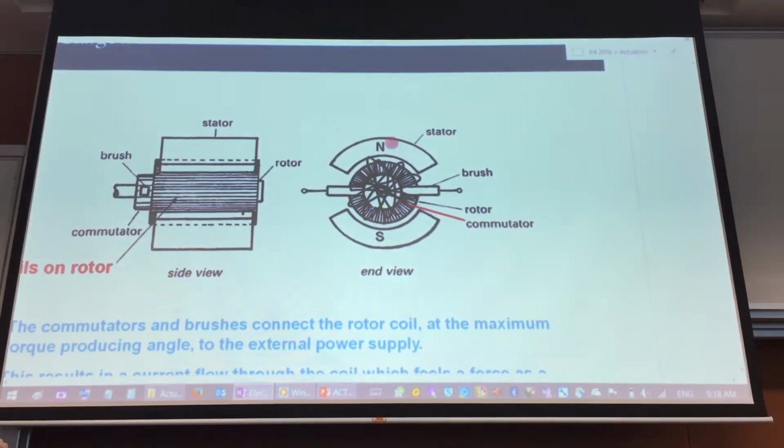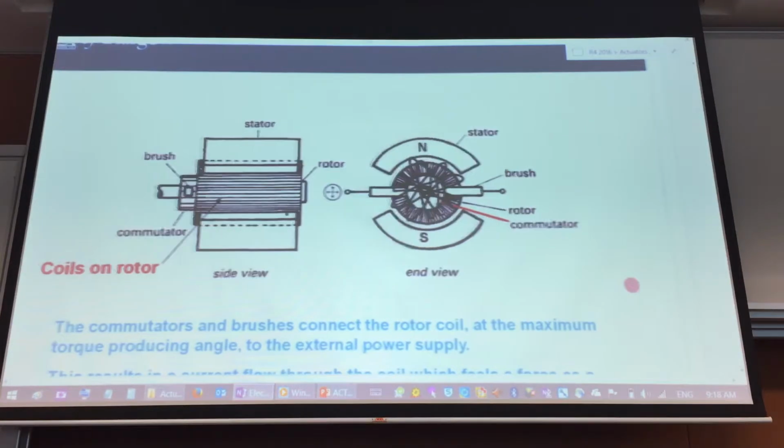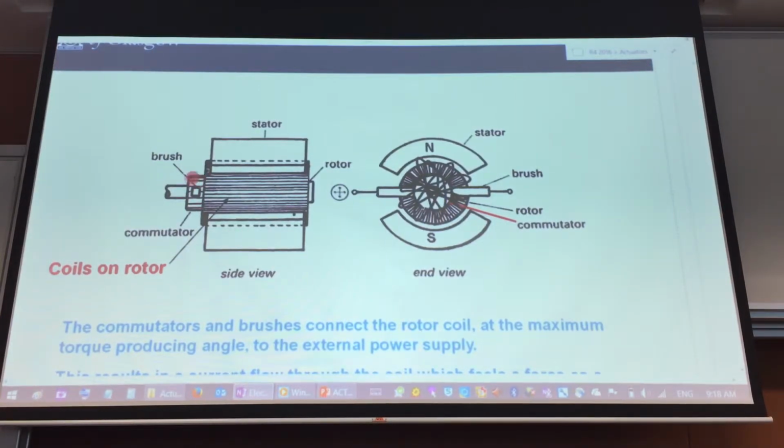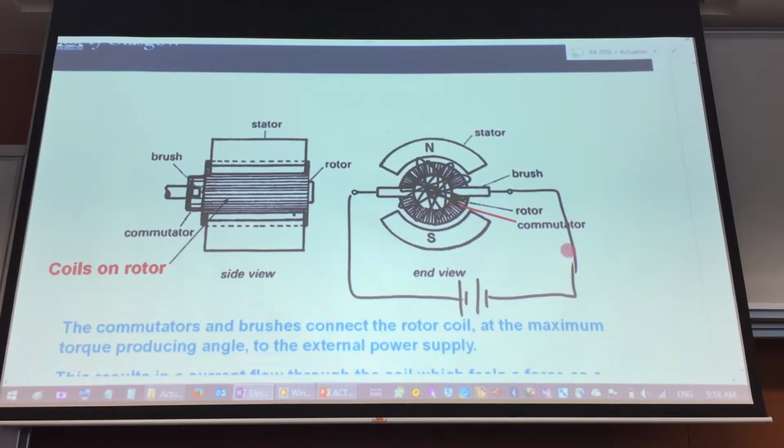And you can see that the stator now is arched in that way. And we still have that commutator over here. This part here is a commutator. And then your brush, right? This thing is a brush. It's touching it. And then the rest of it is connected to your battery or your power supply network.